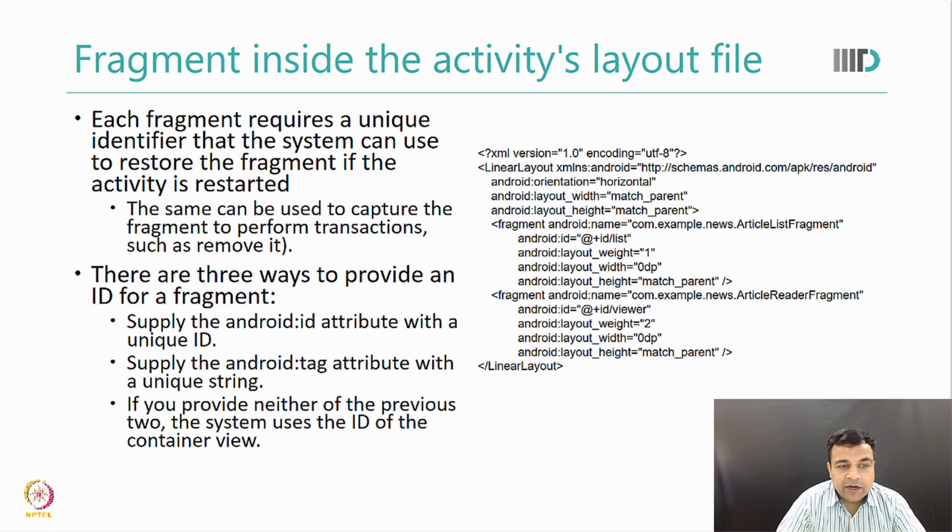And the same identifier we use to capture the fragment to perform transactions, for example, removing it. Now, there are three ways to provide an identifier to a fragment. The first method is to supply an attribute called Android:ID. As you can see in this example, we are using this. This is Android:ID.